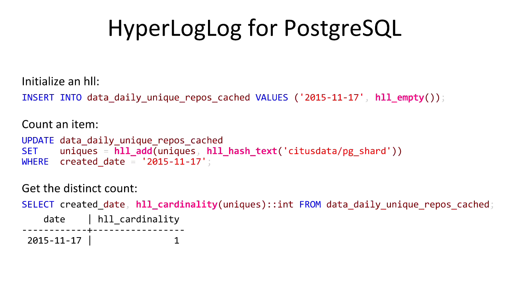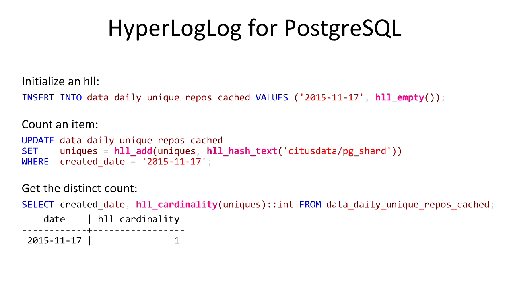HLL comes with a number of functions which are kind of important if you start using it. One is the HLL empty function, and this is how you always initialize an HLL value. This is like the 0. So when you start using HLL, you can insert values into your table.